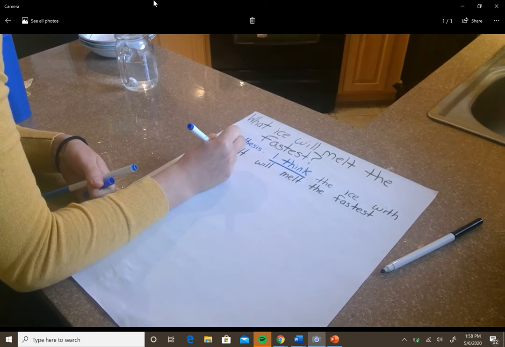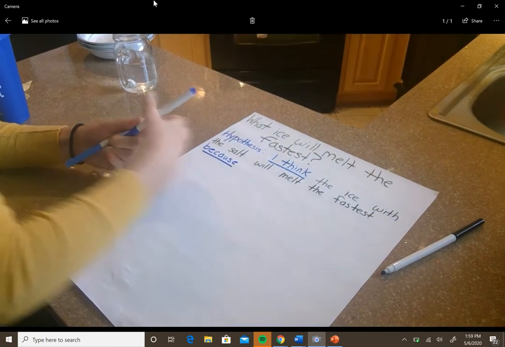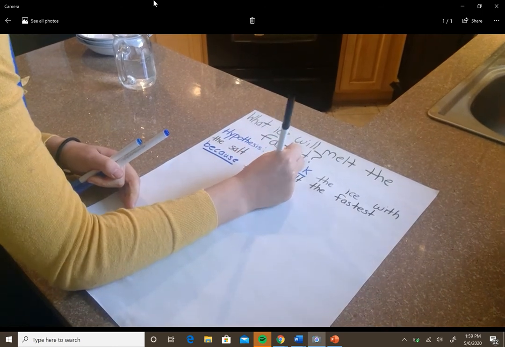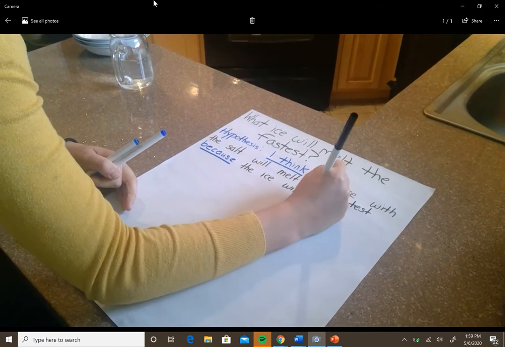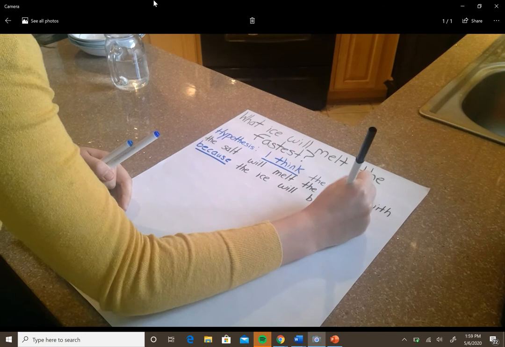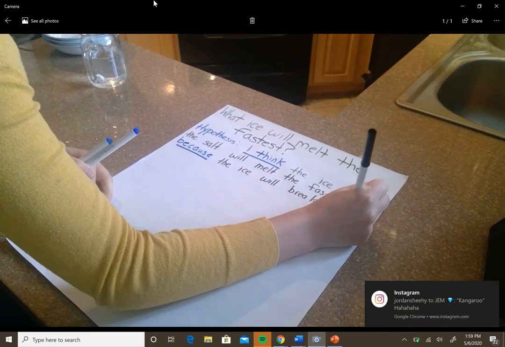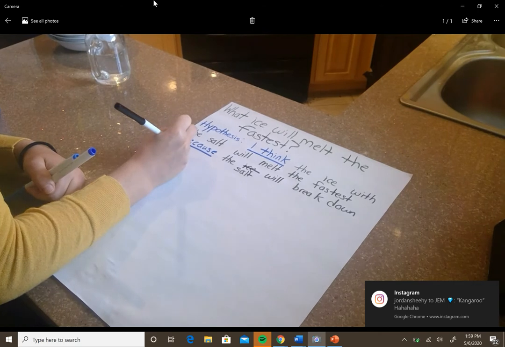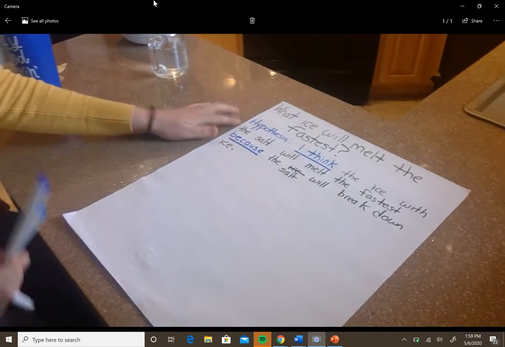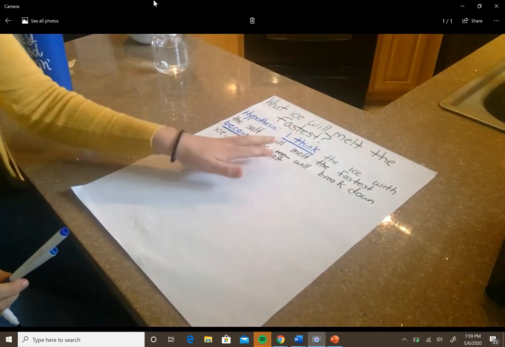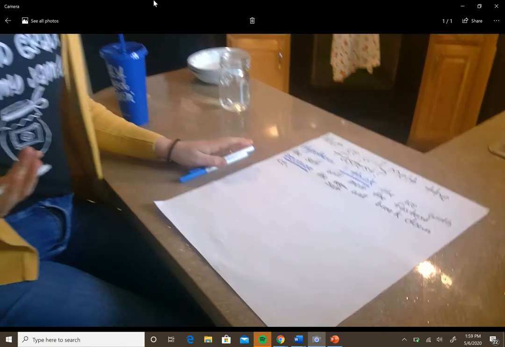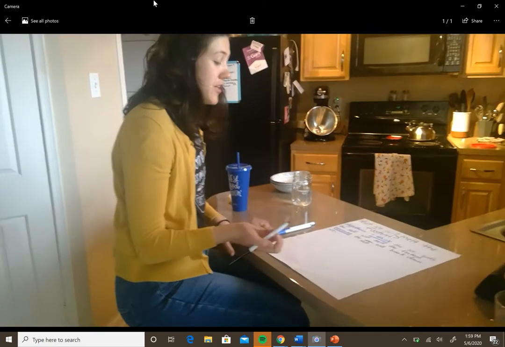So I'm going to say because the salt will break down the ice. So I think the ice with the salt will melt the fastest because the salt will break down the ice. I don't know if that's true or not. That's why I'm doing my experiment, to figure it out.